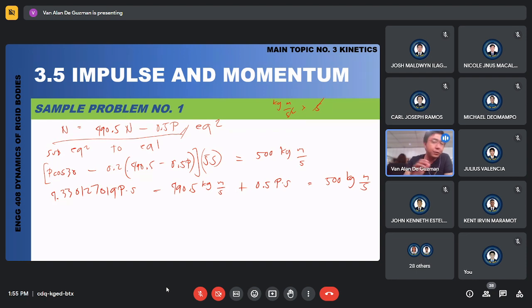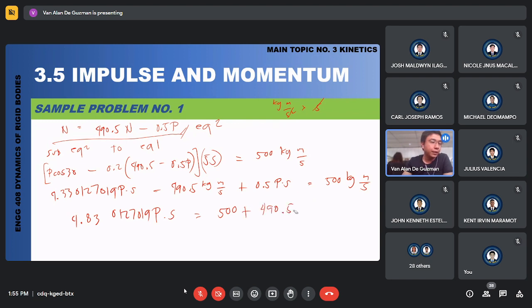So we have, let's combine first the values of P. 4.330127019 plus 0.5. So we have 4.830127019 P, again, the unit is seconds. And that is equal to this. Transpose it to the other side. 500 plus 490.5.